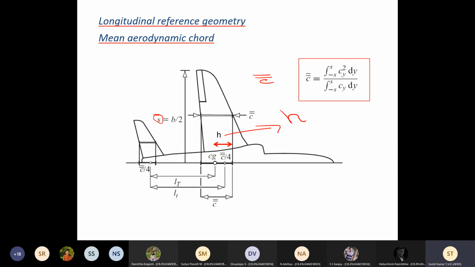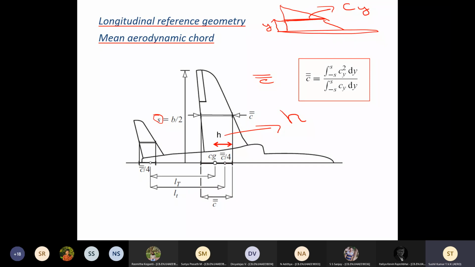So given any platform, let us say this is the aircraft and you have a delta wing. When I talk about c subscript y, it is nothing but the length of the chord at this station y, along this y axis.